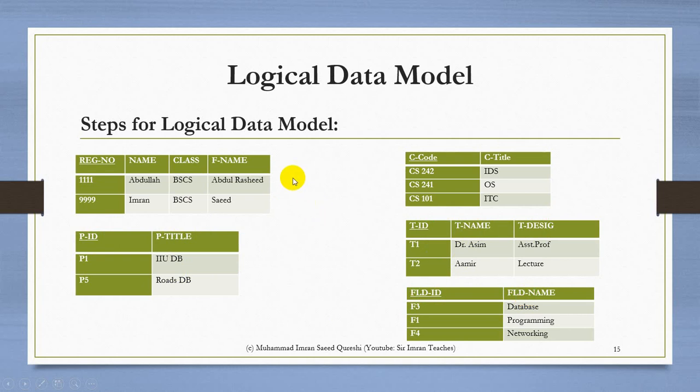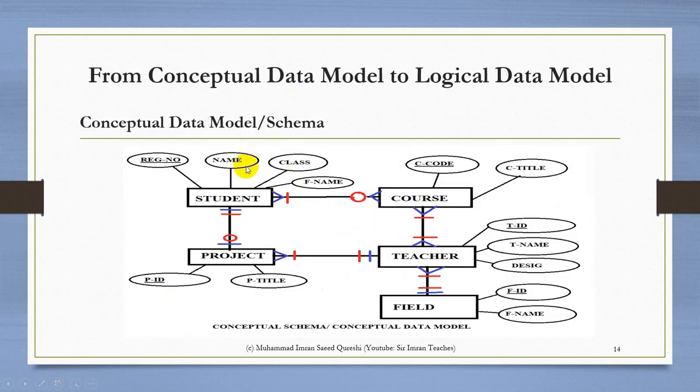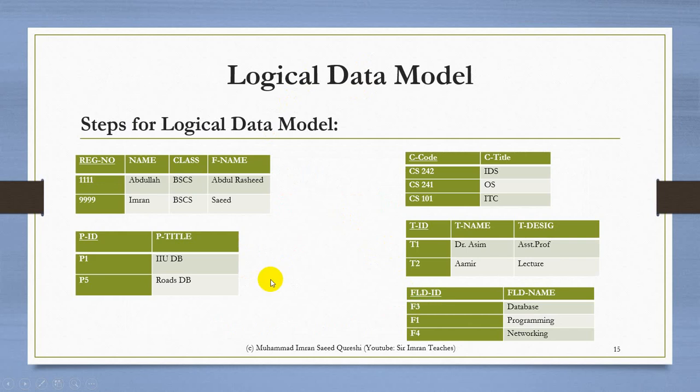So you can check what you have done so far. In fact, you have converted each entity class into a table: student, course, project, teacher and field. We have converted the entity class into a table, into a relation.